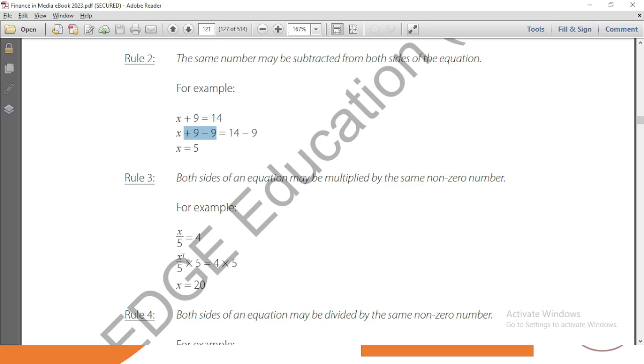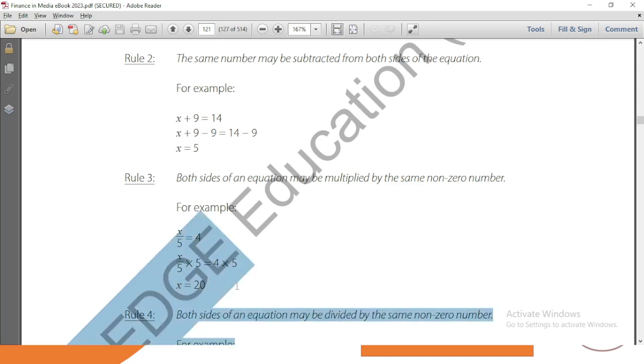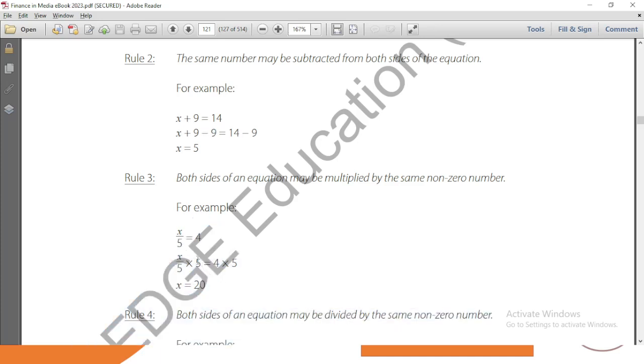Therefore, we're going to say x multiplied by 5, giving us 5x, and then 5 multiplied by 1, which is the one dividing the 5, giving us 5. So we end up having 5x divided by 5, and that's going to give us 1x. That's how the 5s cancel each other.